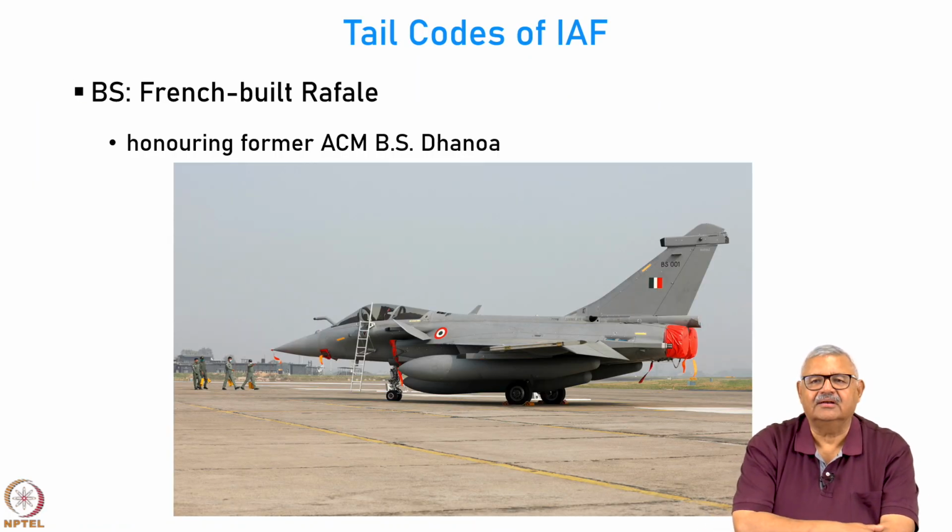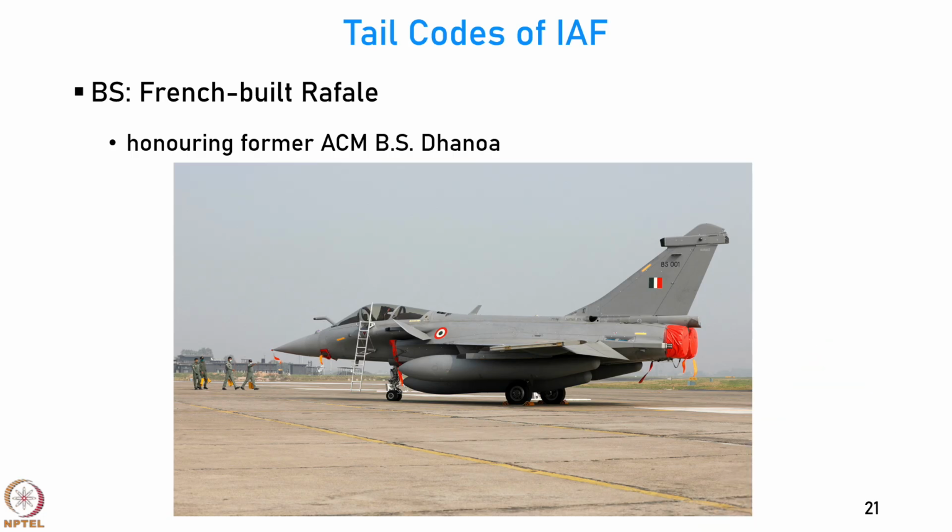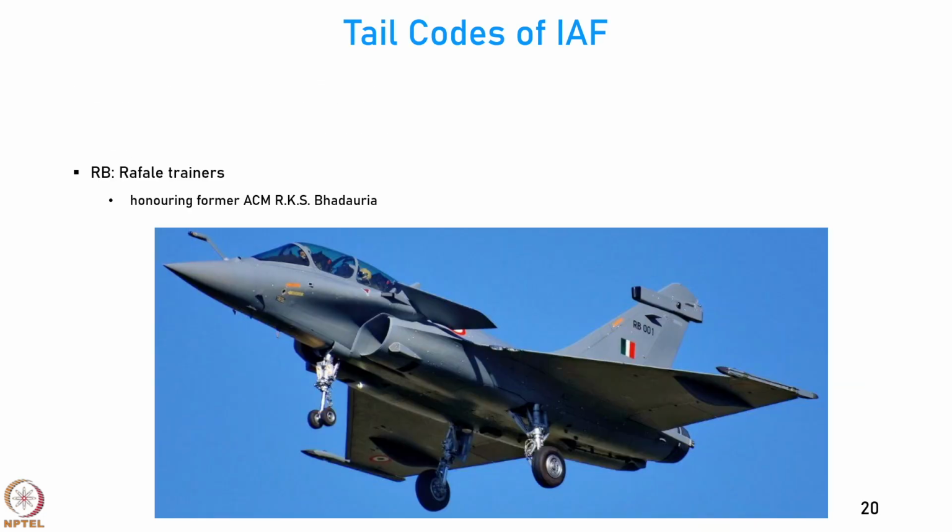The French built Rafale aircraft supplied to India are all having a prefix of BS, honoring the former Air Chief Marshal B.S. Dhanoa, who was instrumental in acquiring these aircraft in the first place. The trainer aircraft of Rafale supplied to India are given the prefix RB to honor the former Air Chief Marshal R.K.S. Bhadauria.